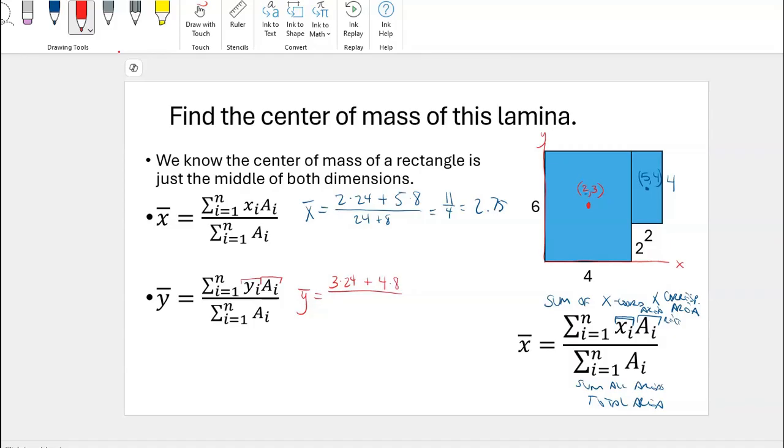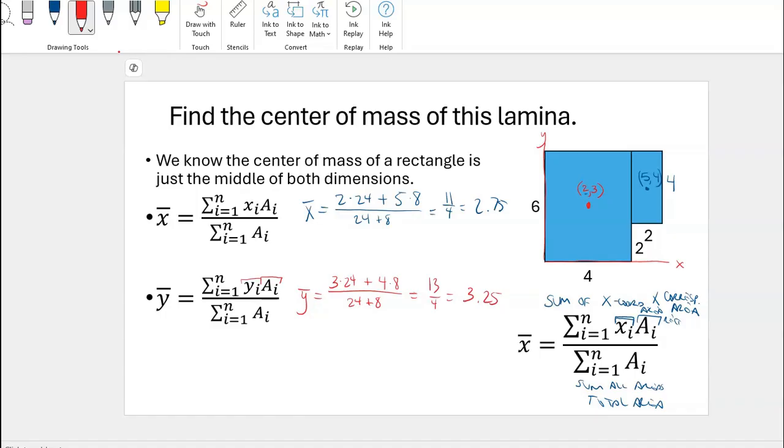And again, on the bottom is just going to be the total area, 24 plus 8. When I go through and find that total, that turns out to be 13 over 4, or 3.25.